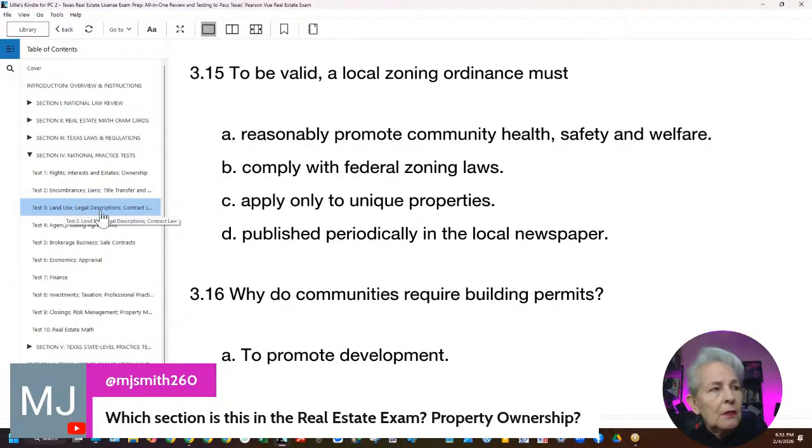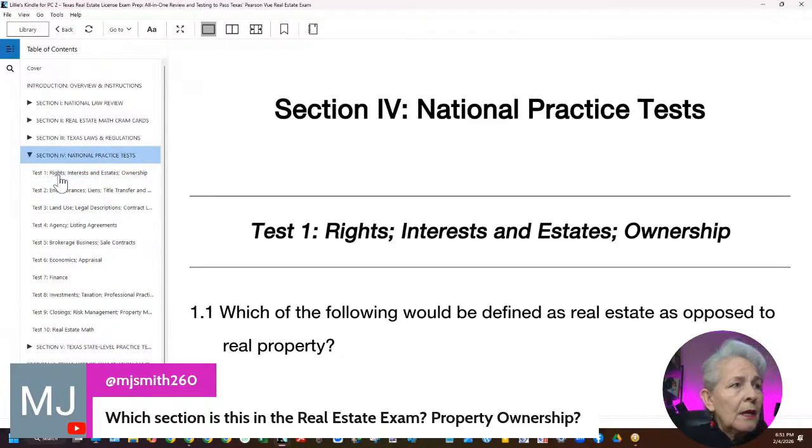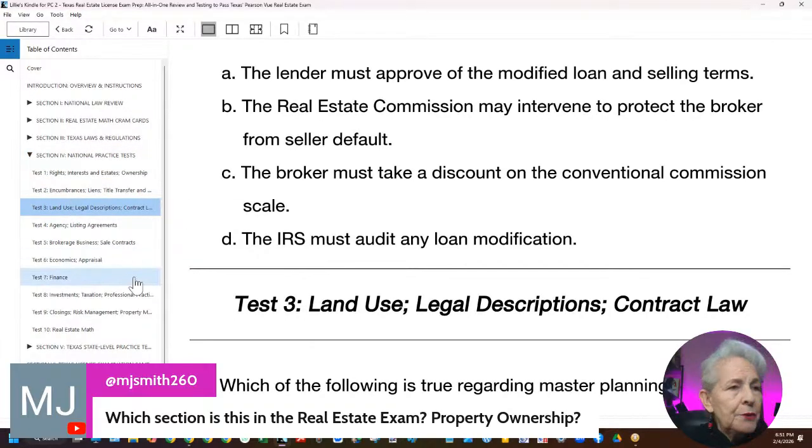Land use, legal description, and contract law. Property ownership has to do with what types of property ownership can you have? Okay, that was in this section: rights, interest, and estates, and ownership. So you have 4 different types of property ownership, right? We're on land use. So that's the answer to it.